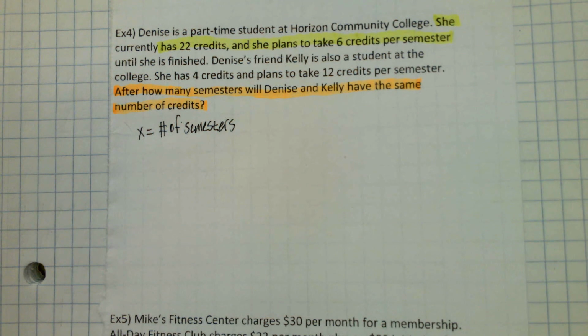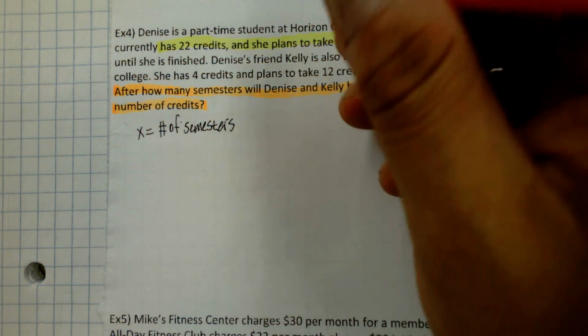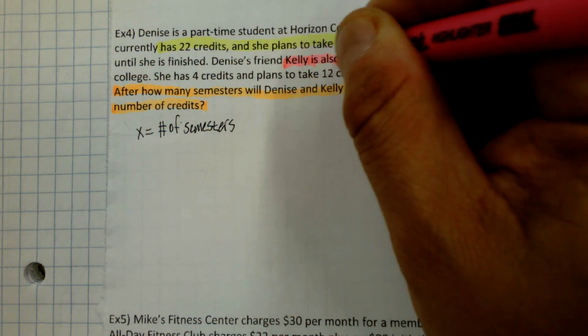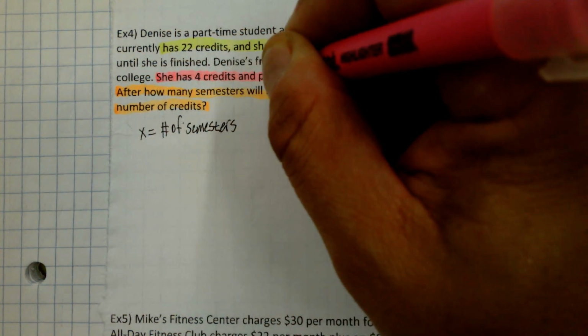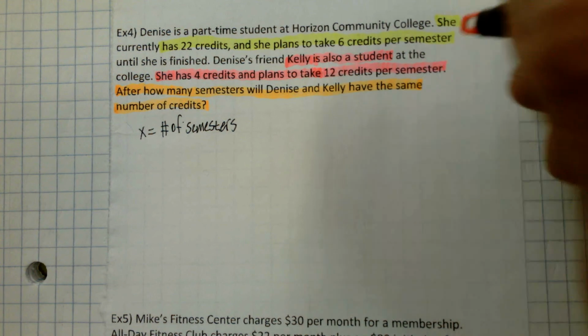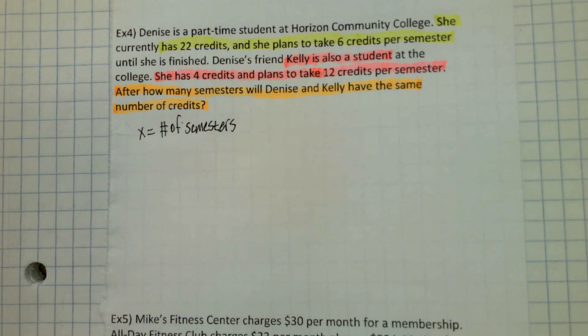But that's a main part of the information we want there. What else does it say? Then we have Denise's friend, Kelly. So we have Kelly, and she's a student. And she has, referring to Kelly, 4 credits and plans to take 12 credits per semester. So we have two different people, and we want to know when the number of credits for one is equal to the number of credits for the other.